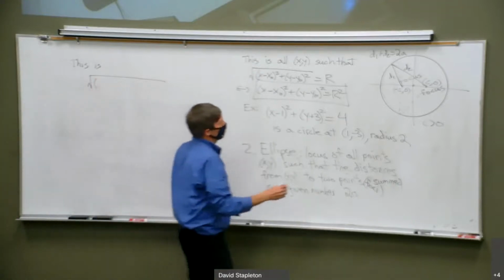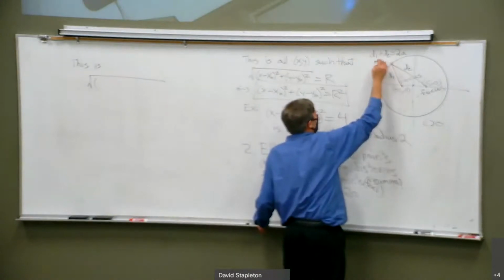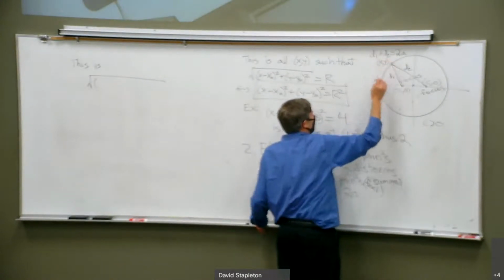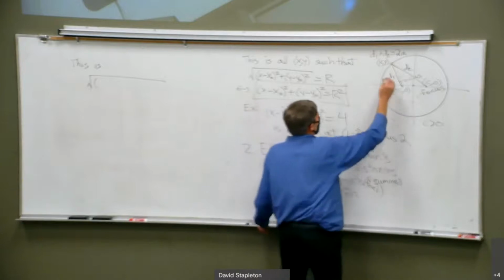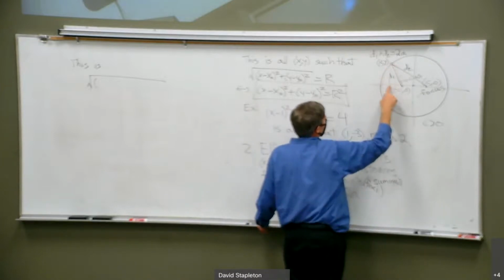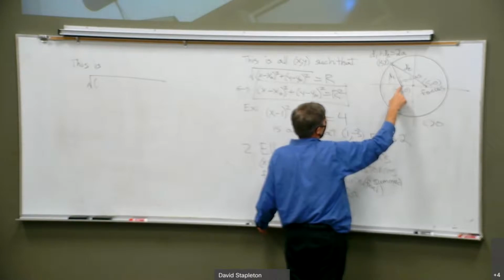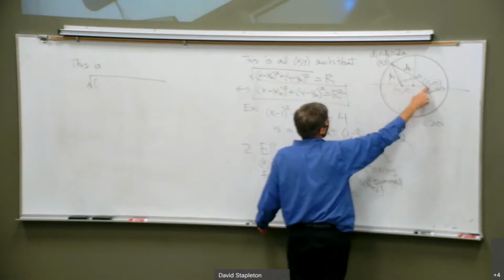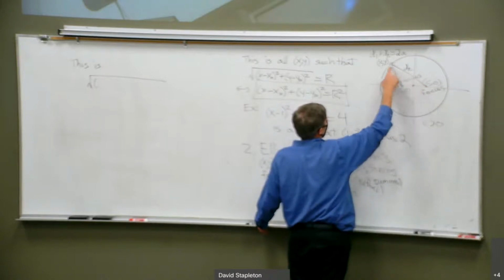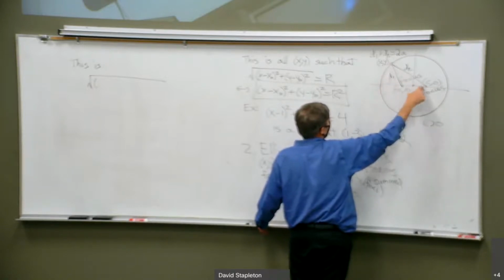If I call an arbitrary point on here x, y, well, what's the distance to this point? X minus c is this one, and x plus c is the absolute value of this one. So we'll say the distance to this one is x minus c here, and y, because it's going from 0.